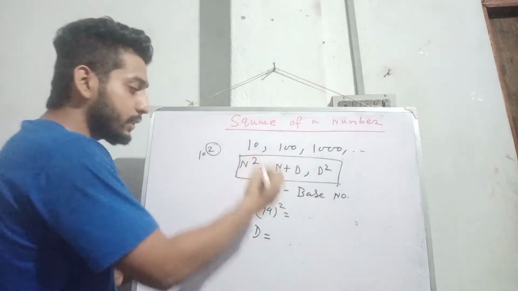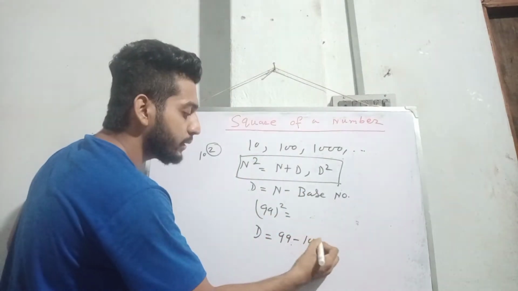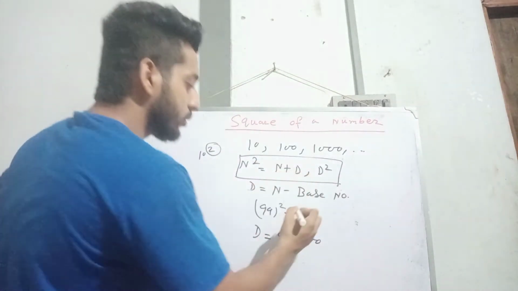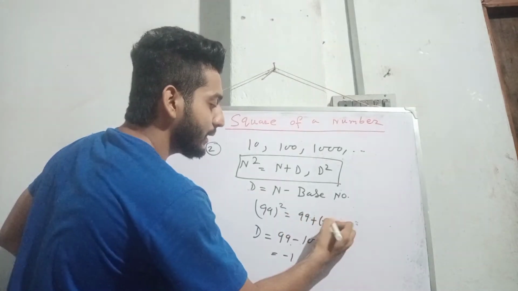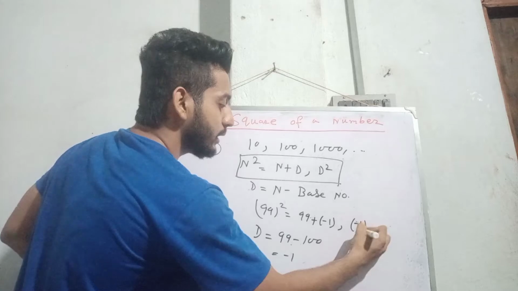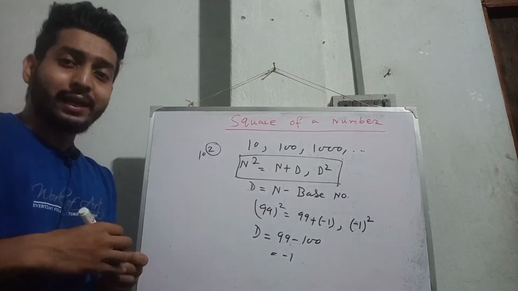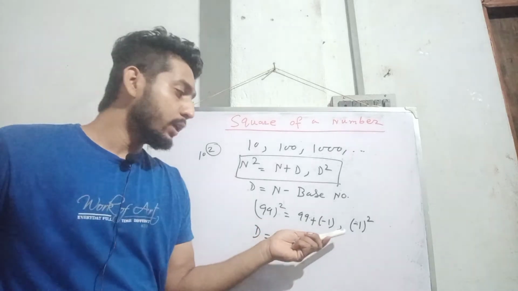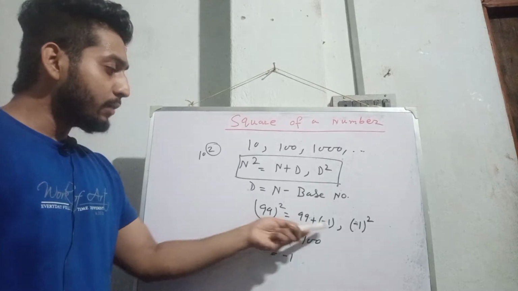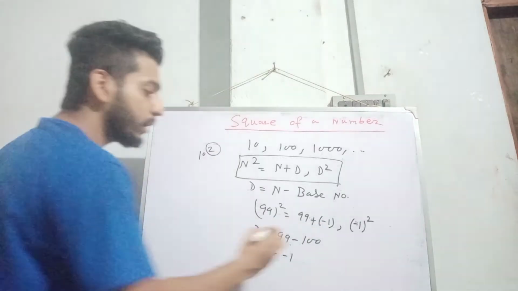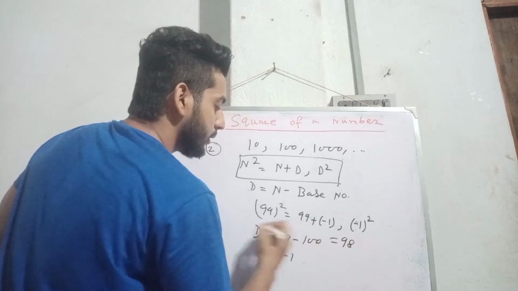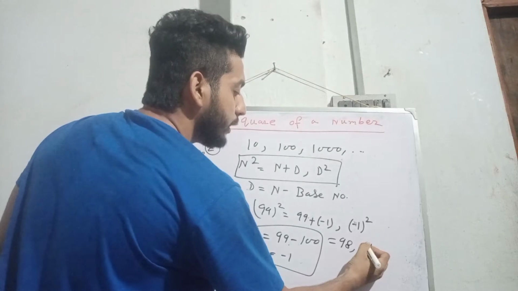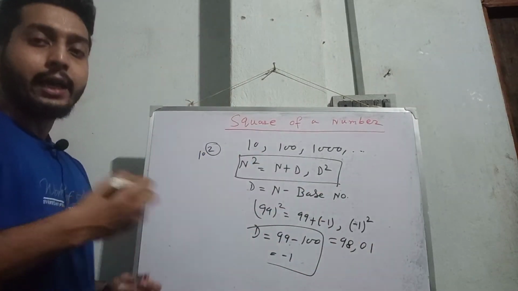Here n is 99 minus base number 100, so D is minus 1. Now n plus D: 99 plus minus 1 comma minus 1 square. Now 99 minus 1 means 98, and minus 1 square is 1, and we need to put 0 here. So that will be 9801.